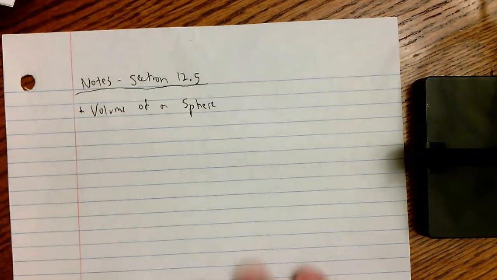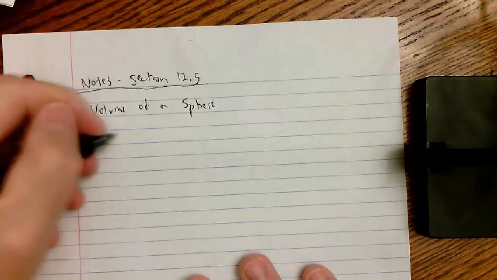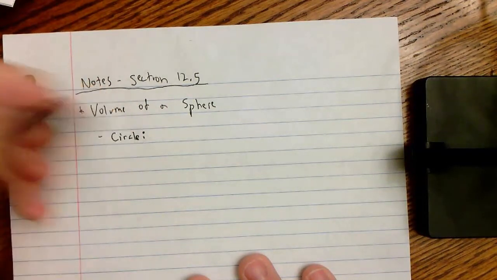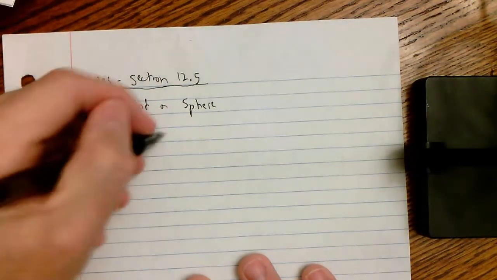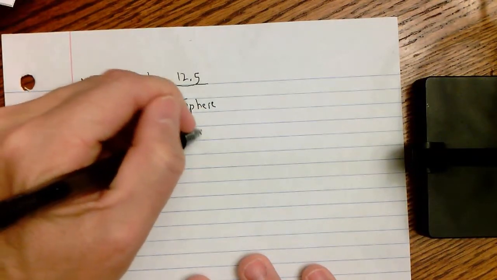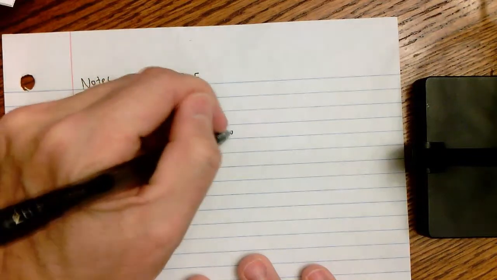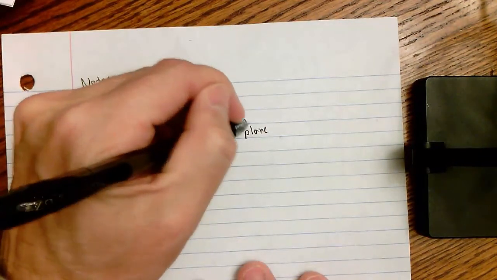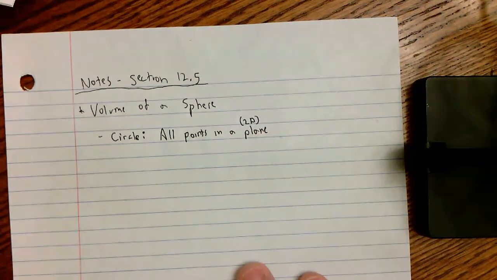Alright, and before we look at the volume, we like to look at the definition, and I actually give you two definitions here. First, the definition of a circle. A circle is all points in a plane. A plane means that it is two-dimensional, 2D.